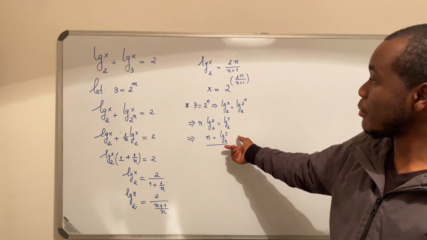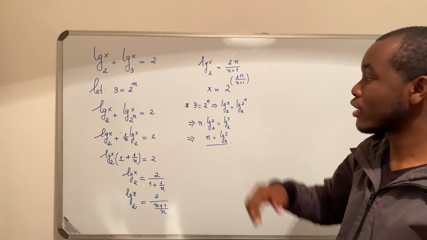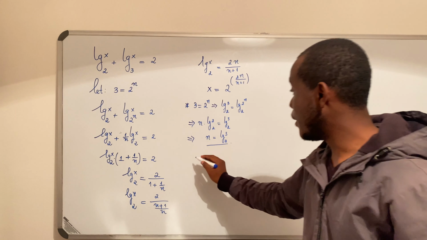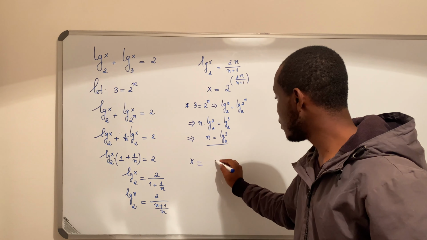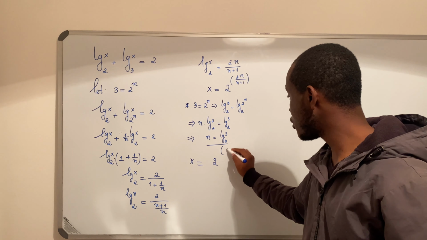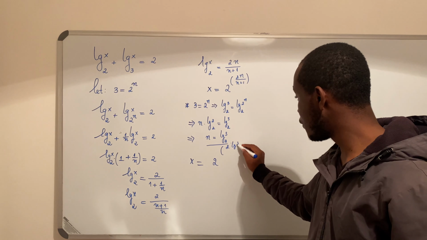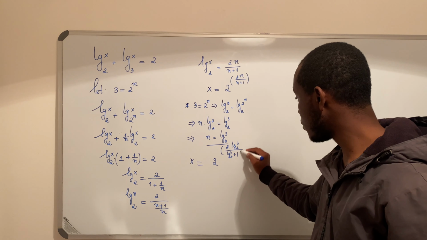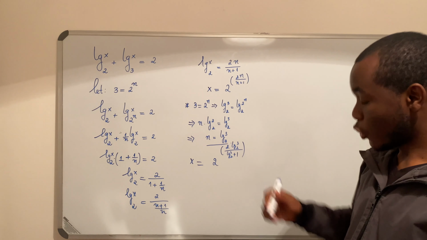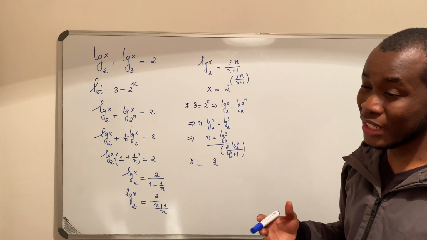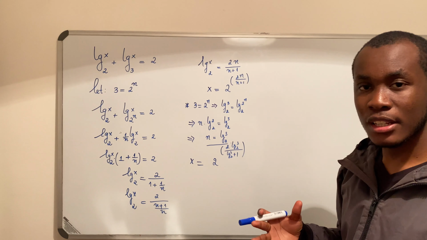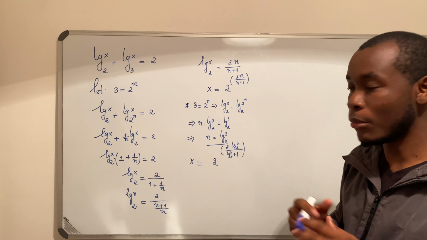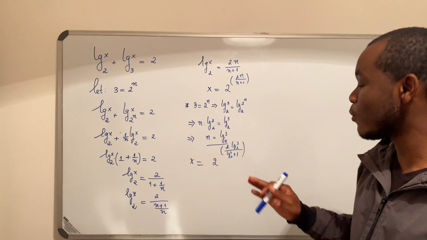So we have to substitute the value of n back into the expression to see how x behaves. Now x is going to be equal to 2 to the power of this expression, which is 2 log of 3 to the base 2 over log of 3 to the base 2 plus 1. We could stop there, but that would be lazy of us because we have to sort it out until we have the shortest form of x. It has to be simplified.